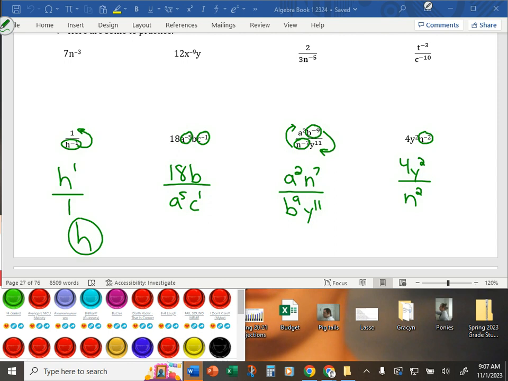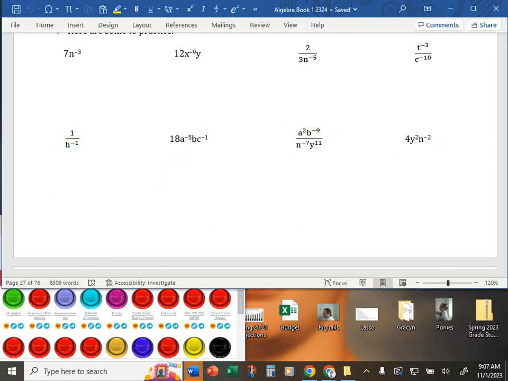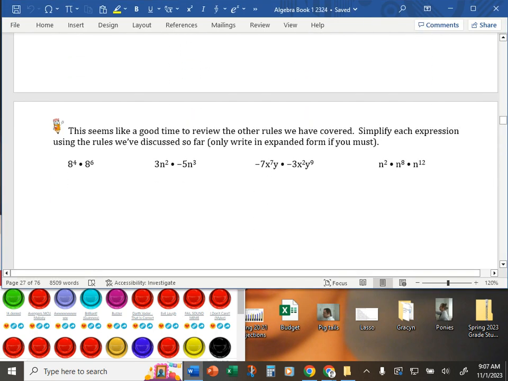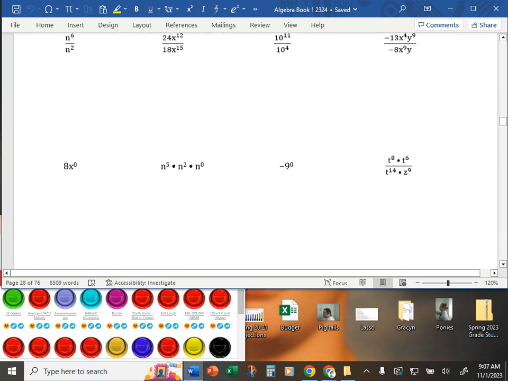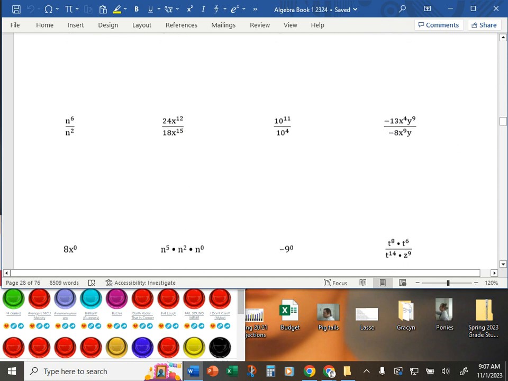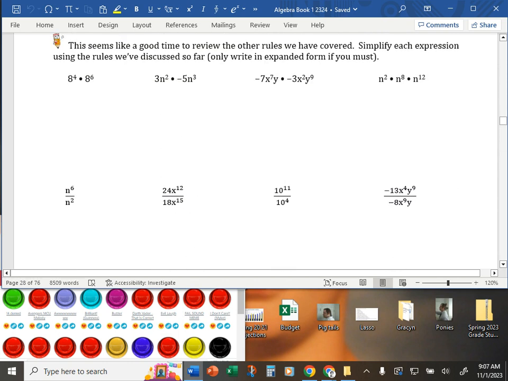How was our homework? Your homework for tomorrow is going to be a grand review of the 4 rules we've covered thus far. If you look at the next page, I've got 1, 2, 3, 4 rows of questions here. The first row is CO10, multiplying by the same base.